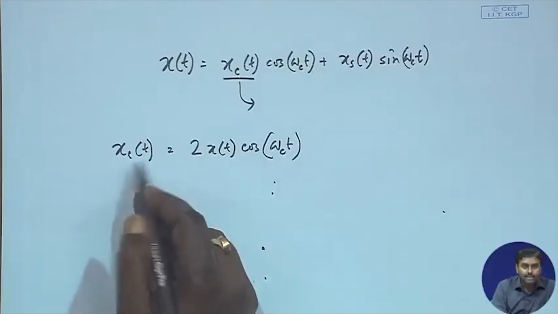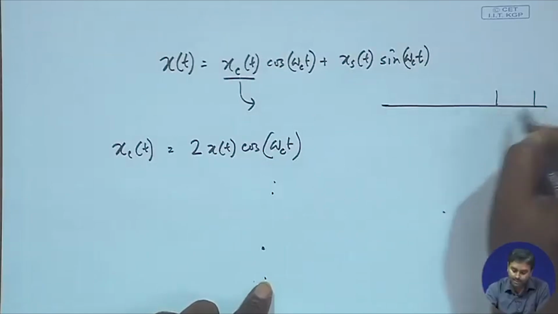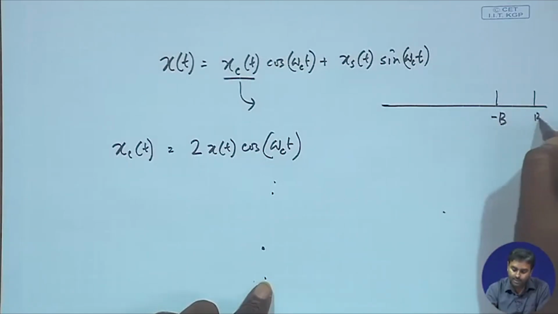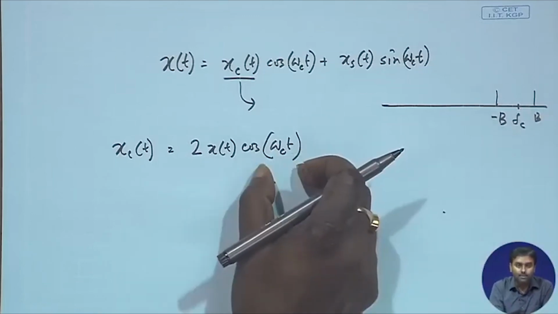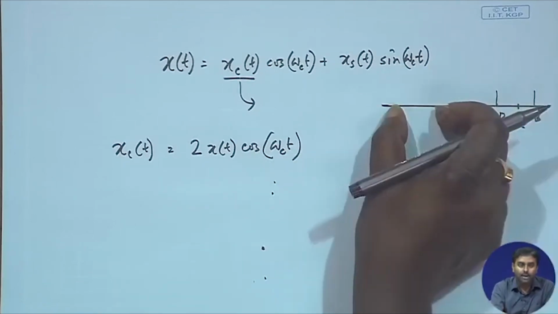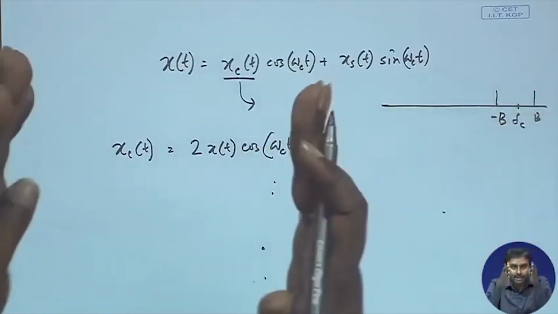So, this is x c t passed through an ideal low pass filter, as long as my x t is band limited. Okay. So, basically the x t is limited to minus b to plus b within that f c. Then if I just multiply it with cos, it will actually come down over here, and I will just take that low pass portion of it. Okay.